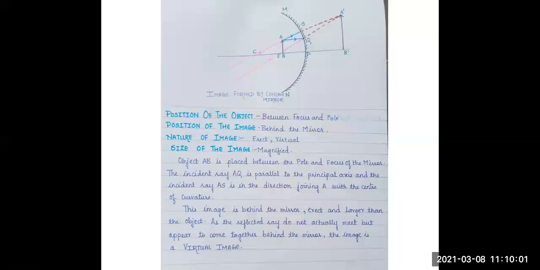The object is small and the image is larger than the object. The ratio of image to object is more, so we are getting a magnified image of the object.